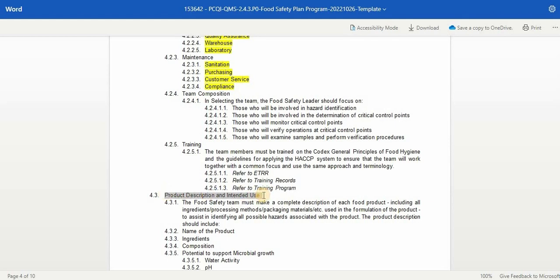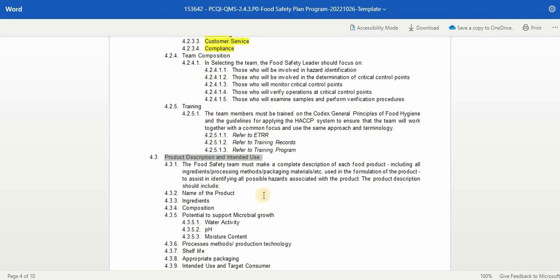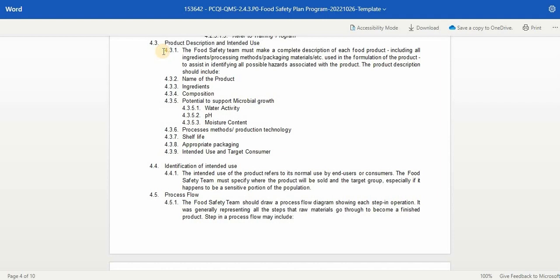Third, under procedure, is product description and intended use. The food safety team must make a complete description of each food product, including all ingredients, processing methods, or packaging materials used in the formulation of the product to assist in identifying all possible hazards associated with the product.